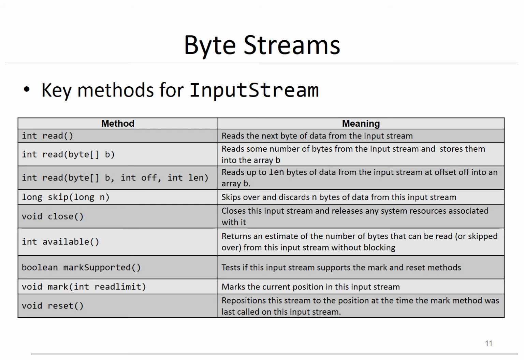The skip method skips over and discards n bytes of data from the input stream. It returns the actual number of bytes skipped. The close method closes the stream and releases any system resources associated with it. You can see some other methods also listed.